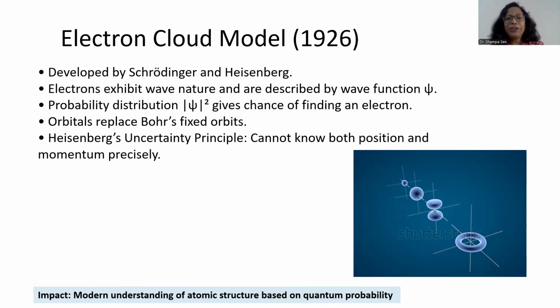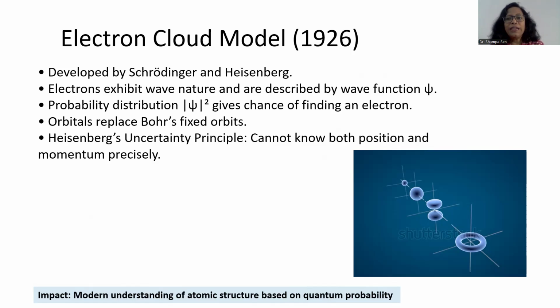And if we try to accurately calculate momentum, then we cannot know the position accurately. So, sorry, precision may be there, but accuracy won't be there. This is Heisenberg's uncertainty principle. Impact, that is, the modern understanding of atomic structure based on quantum probability.